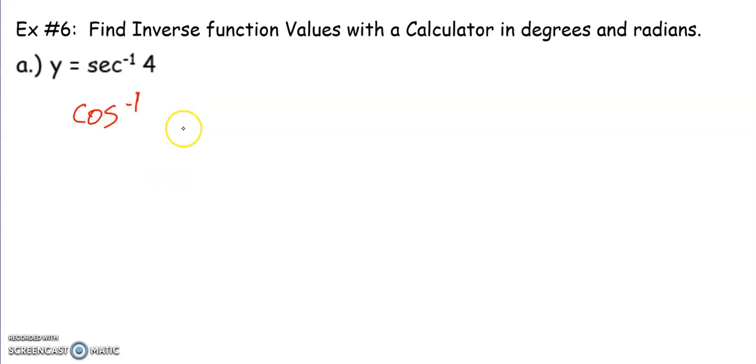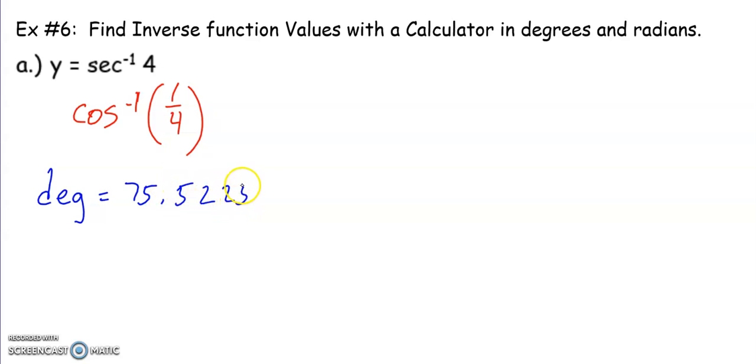We're going to hit inverse cosine of 1/4. And in degrees, we are going to get 75.5225 degrees. And radians will give us 1.3181 radians.